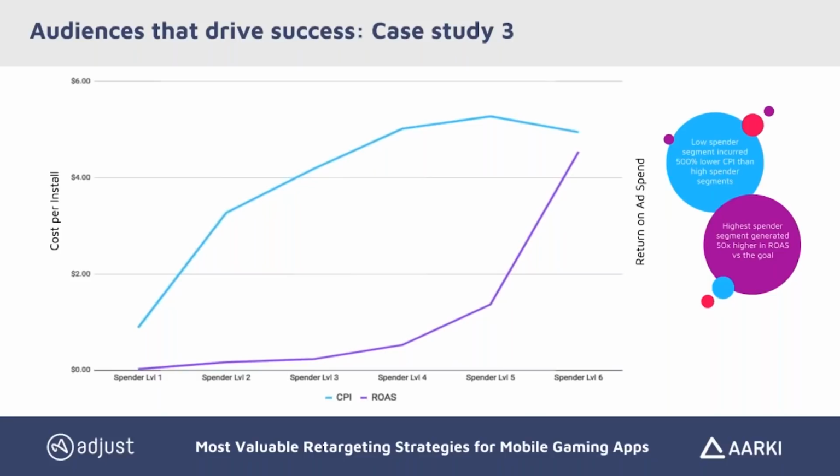And if we were going off just a general retargeting group with a lot of non-spenders, we would be potentially wasting a lot of effort on trying to reactivate users who would never convert, which would have led to a much less efficient campaign for our customer.